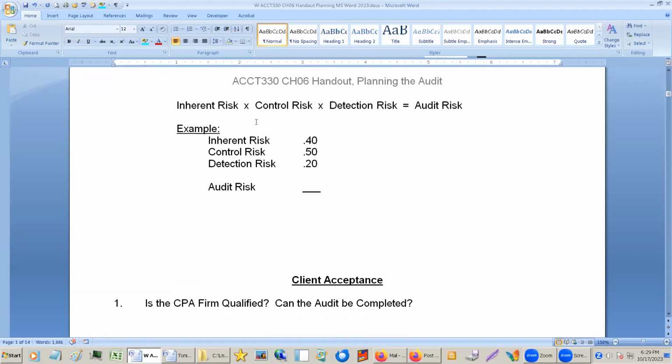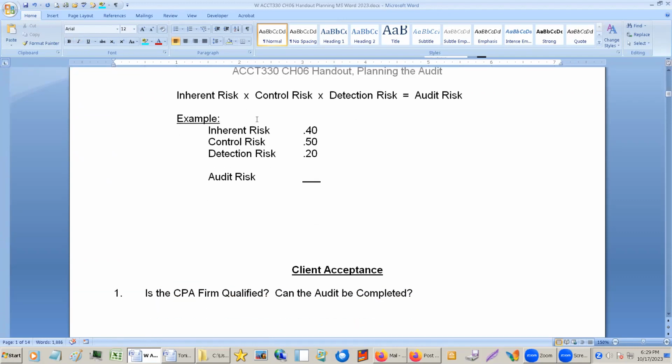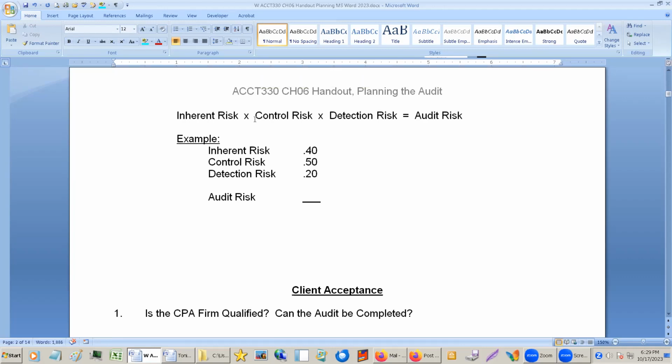Okay, there is a mathematical formula for determining audit risk. And it's been on the CPA exam, I know, at least certainly it's been on twice. It probably has been on there more. But basically you multiply the risks together and you come up with an audit risk.